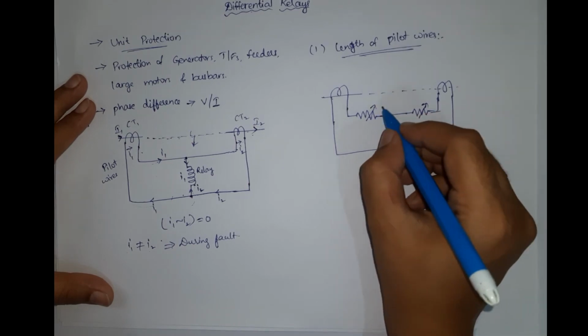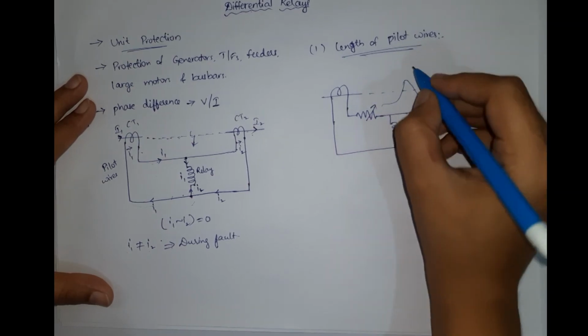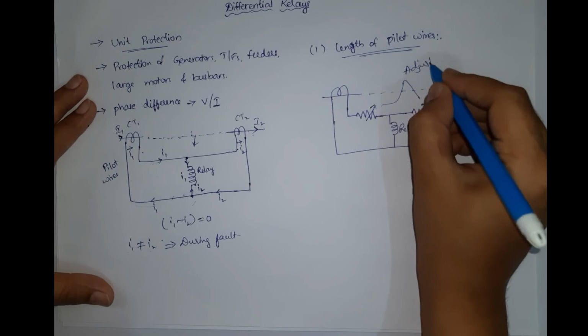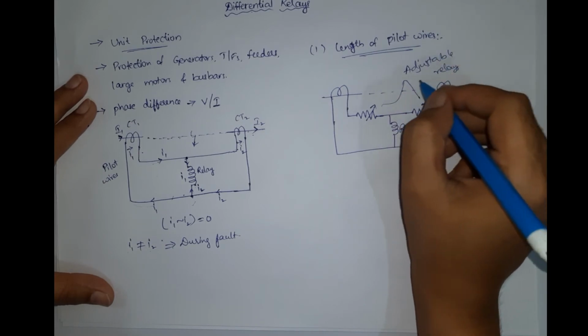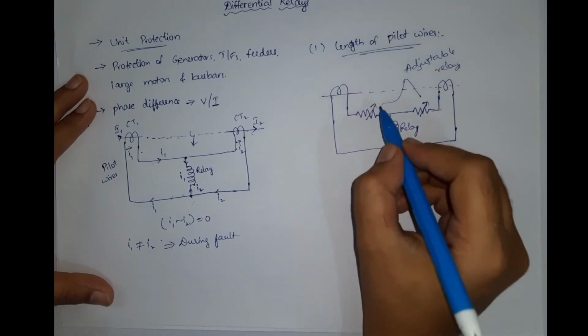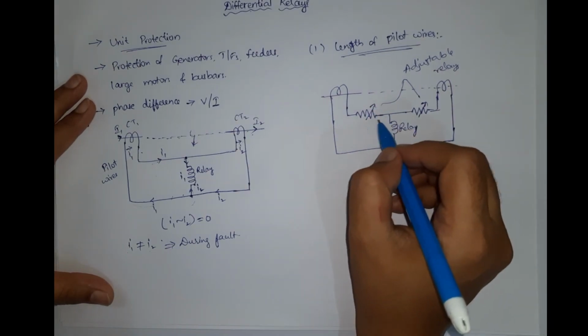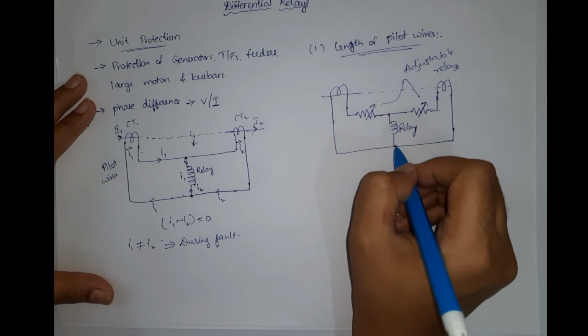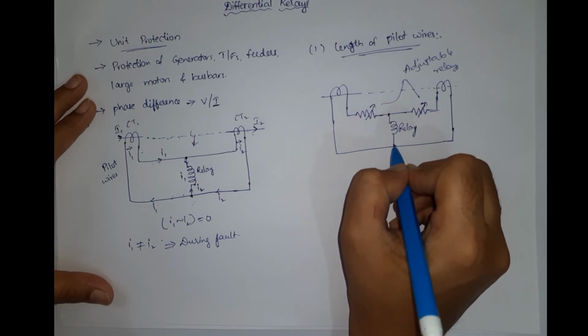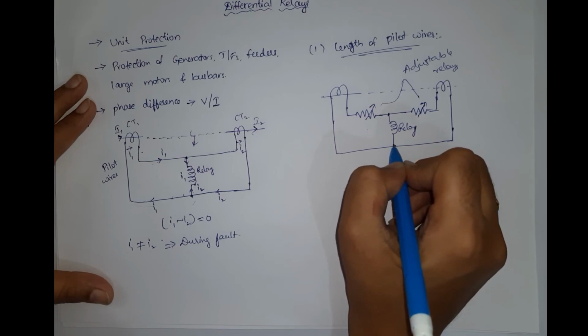So these are our adjustable resistors, right? With the help of these adjustable resistors, we'll be able to adjust the resistance of the lines on both sides so that we get the equipotential point and the relay does not maloperate, right?